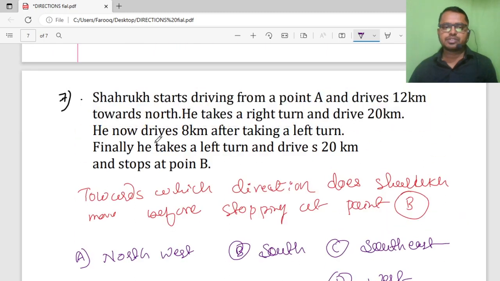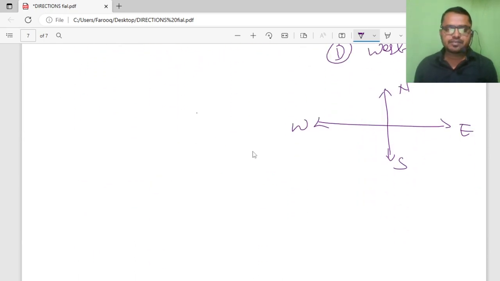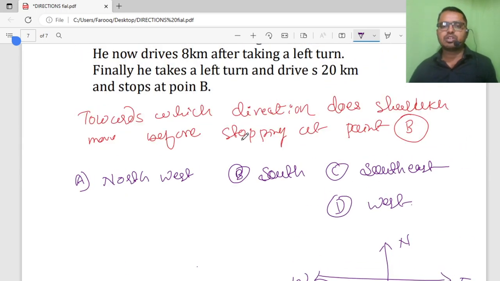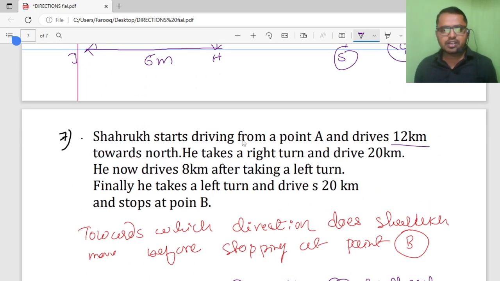Read the question. Shahrukh starts driving from point A. This is point A. He starts driving from point A and drives 12 kilometers towards the north. He takes a right turn and drives 20 kilometers.